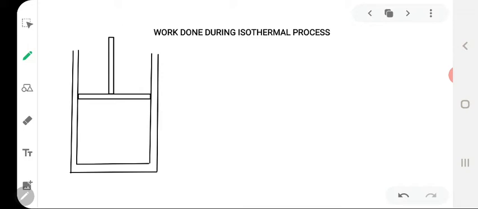Let us find an expression for work done during an isothermal process. For this, let us consider this particular setup. Let us consider 1 mole of a perfect gas contained in a cylinder having conducting walls and provided with a conducting and frictionless piston.